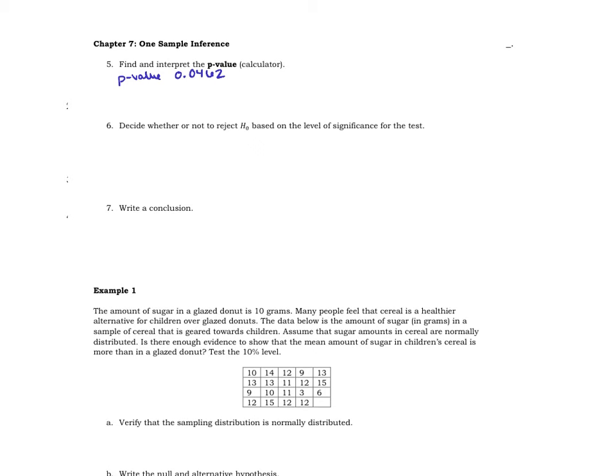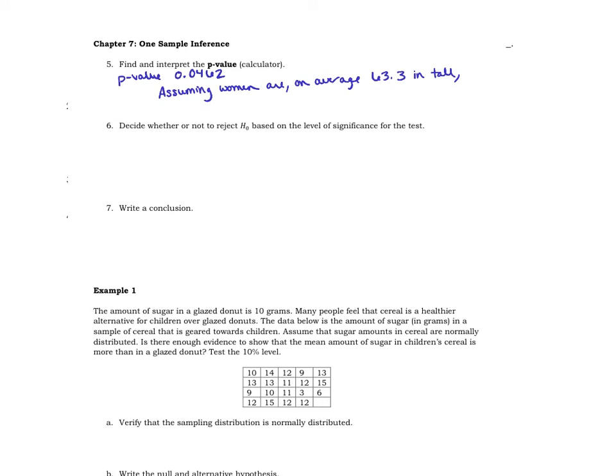Now, what does that mean? So this means assuming women are, on average, 63.3 inches tall. So that's the null hypothesis.